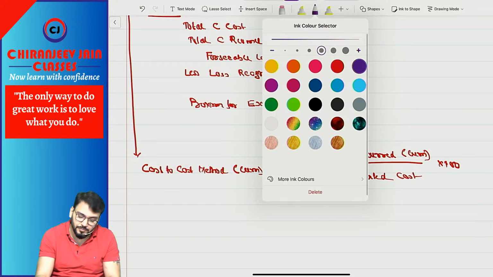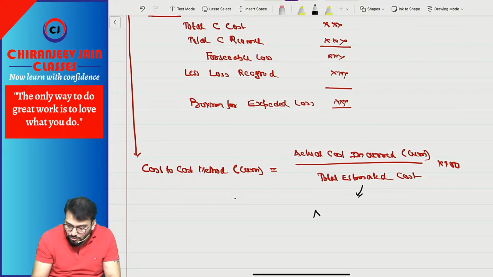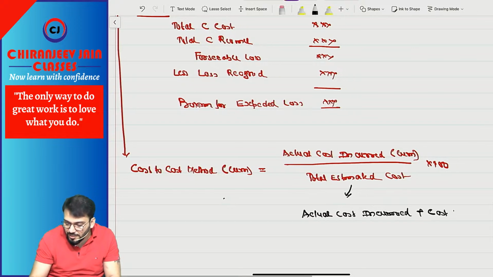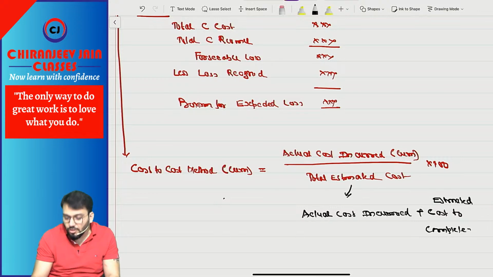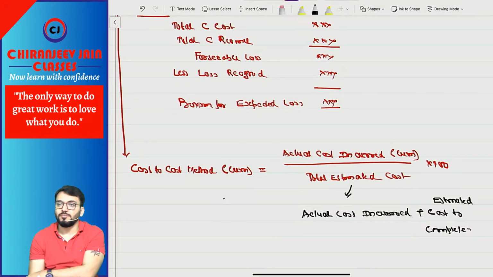Correct now? Understood. Now this total estimated cost is what? Actual cost incurred up to the reporting date plus estimated cost to complete. We call it the cost to cost method.